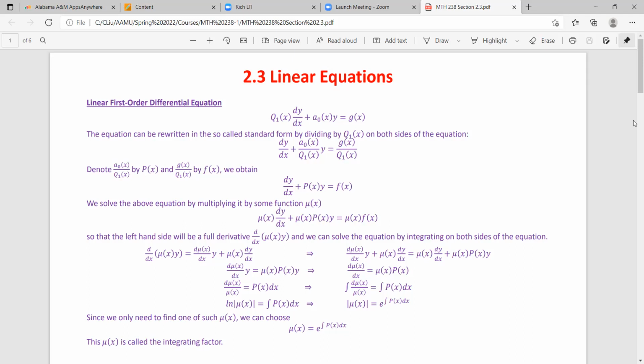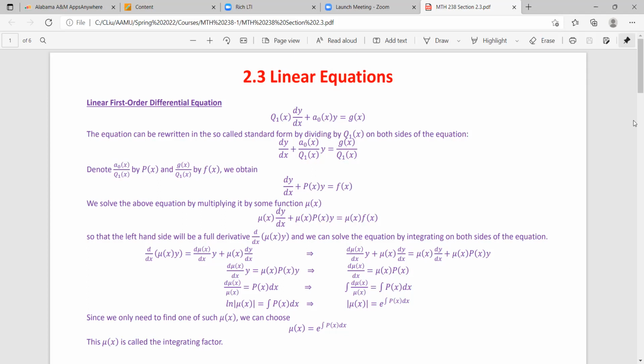If you do that, you're going to see we have one function mu times the derivative y plus some other function times y. If we want this to be exactly the product rule, then the second term has to be the derivative of mu times y, right?